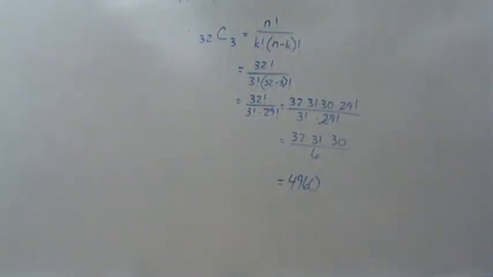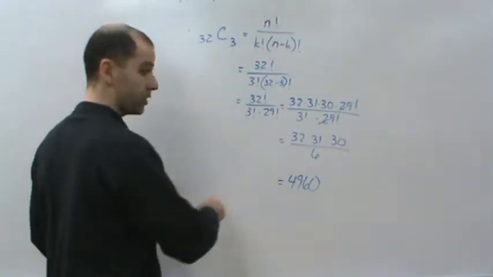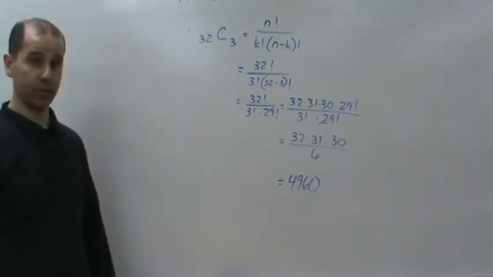Much smaller than when we were dealing with permutations, because the total possible outcomes for permutations was 29,760. So much smaller when we're dealing with combinations.